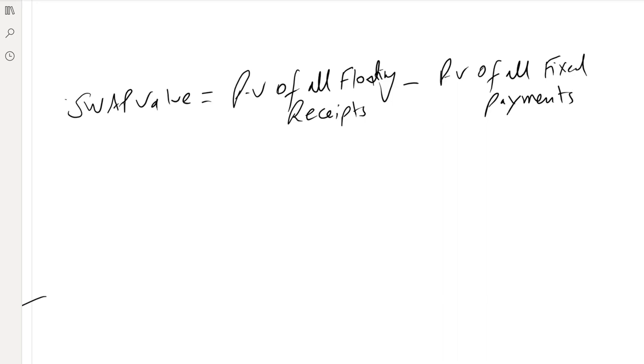So it is clear from the scenario that the company has taken a floating rate loan. So in the swap arrangement, the company will receive the floating leg and the company will pay the fixed leg.